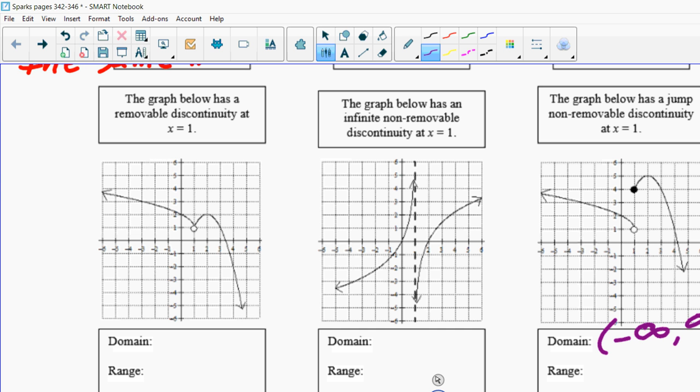On the vertical asymptote, that x value was left out. On this particular jump discontinuity, that point was not left out, was it? Because it was defined on one of the pieces. What's the range? All real numbers. Good, good. Because this y value is covered right there.